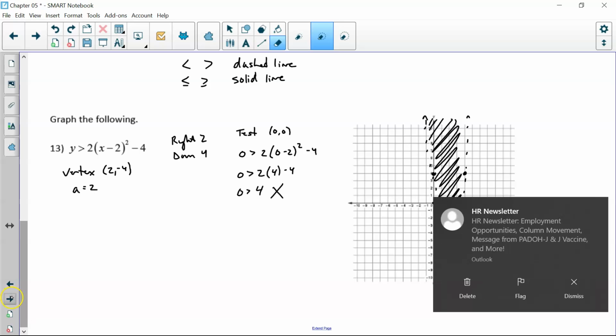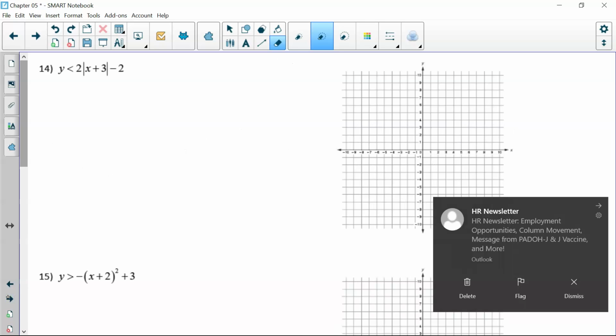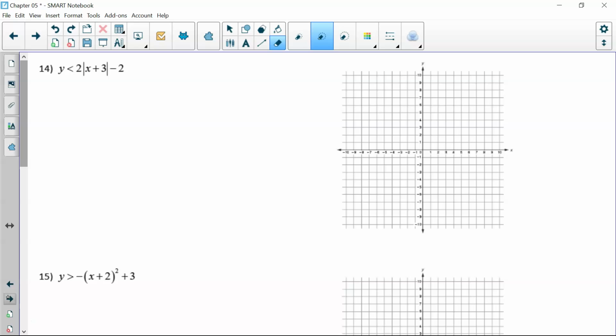Let's go to the next page. Problem number 14. Here's an absolute value. So our vertex is at -3, -2, and A is a +2. So with these, the easy way to graph them, plot the vertex, -3, -2, and A is our double slope. That means we're going up 2 and over 1 in both directions.